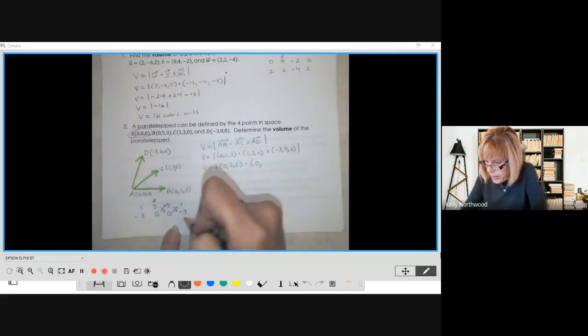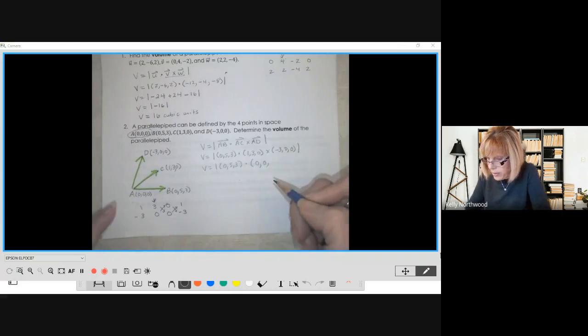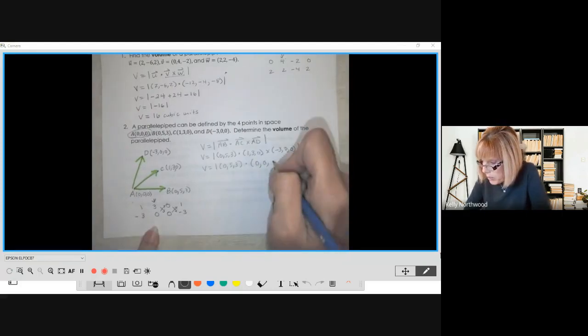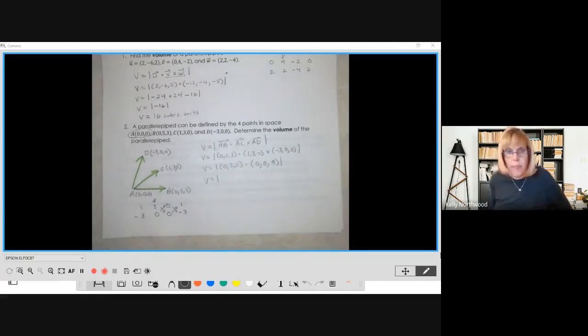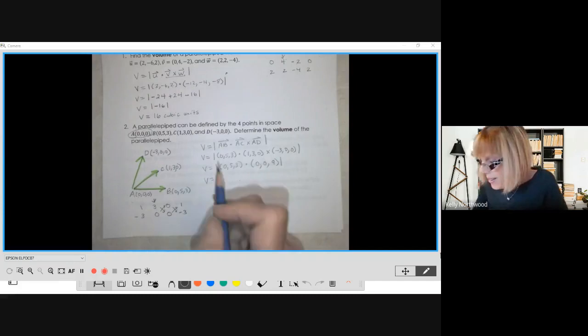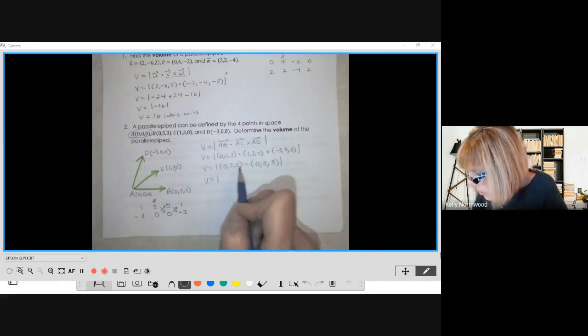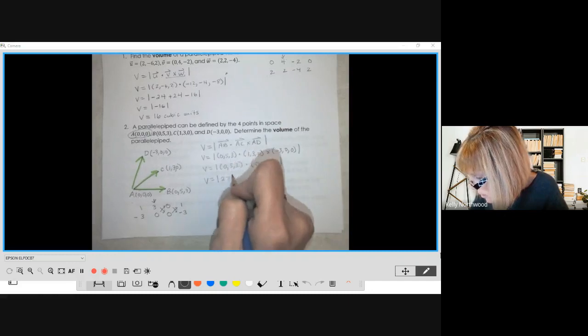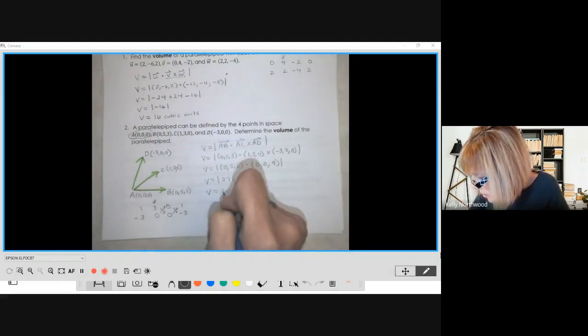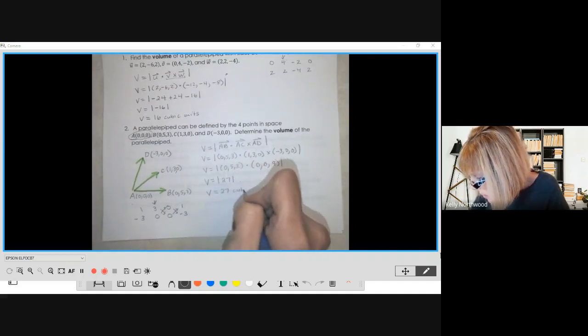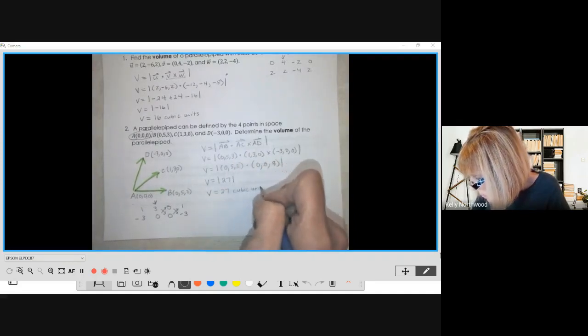Downward minus upward, 0 minus 0 is 0. Downward minus upward, so 0 minus -9 is +9. So this dot product should be fairly easy. So 0 times 0 is 0, 5 times 0 is 0, 3 times 9 is 27. And the absolute value of 27 is 27 cubic units because it's a volume.